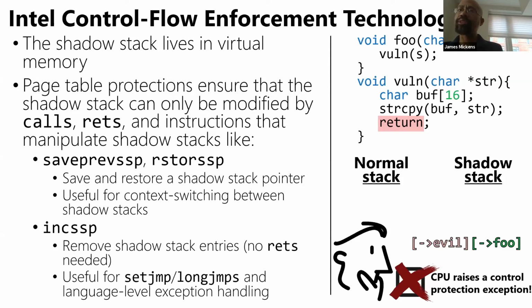And so I'll take one final question. Why raise an exception and not consider the shadow stack as correct and return to the address contained there? That's an interesting question. If we're assuming that the shadow stack is the source of truth, then why not just force the program to return to that address and ignore what is currently on the regular stack?